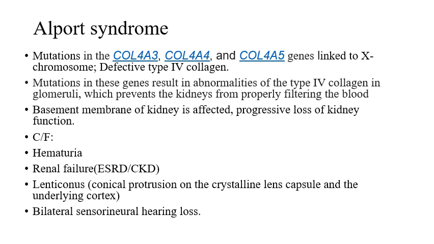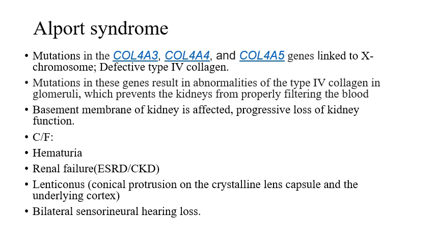Since type 4 collagen is mainly present in the glomeruli of the kidneys, this results in defective glomeruli, which prevents the kidneys from functioning properly, that is, filtering of the blood is not taking place. So this leads to progressive loss of the kidney function.